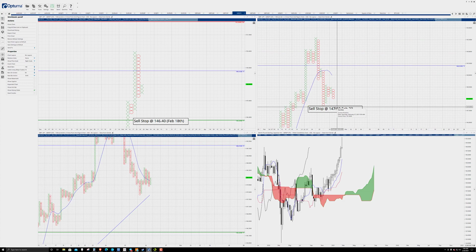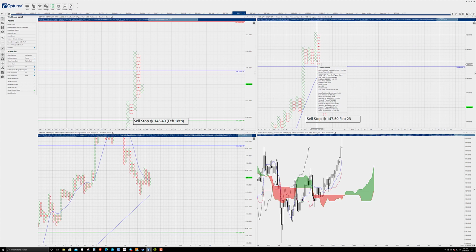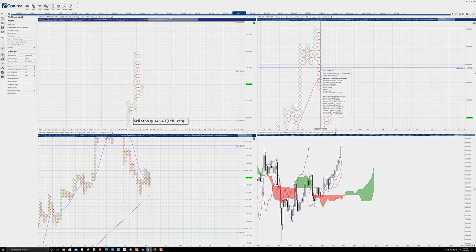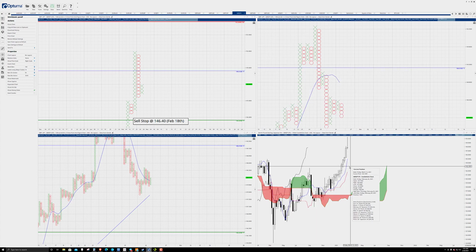Back on the 23rd, we were looking at a sell stop at 47.50. Obviously, it moved way above that. If I was paying attention to this, there's that triple top, or triple bottom rather, and it would have had a nice short entry there. Or if you were looking, the 10 pip triple bottom would have been the more profitable setup.